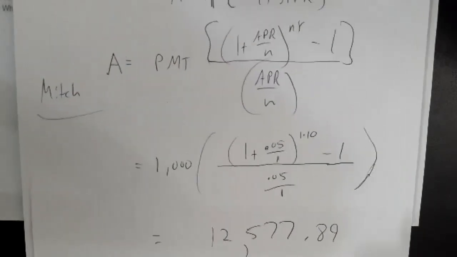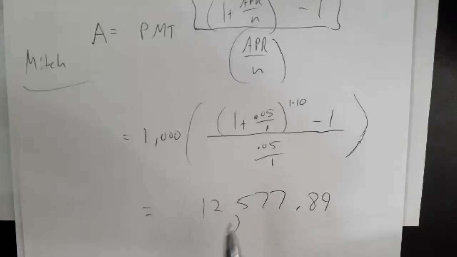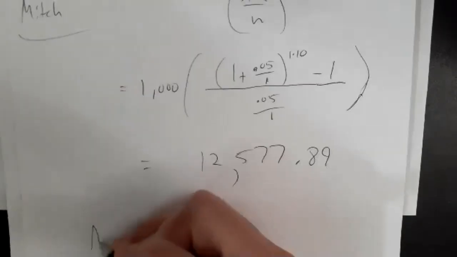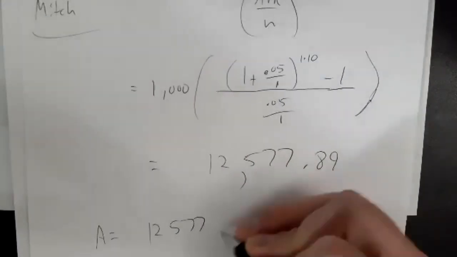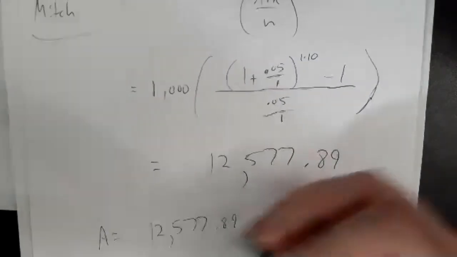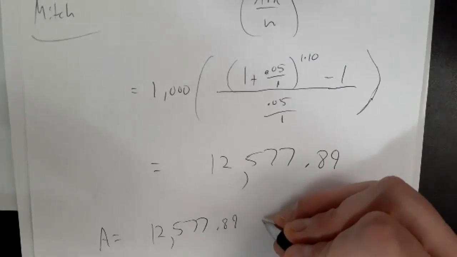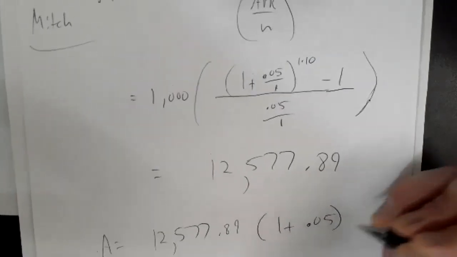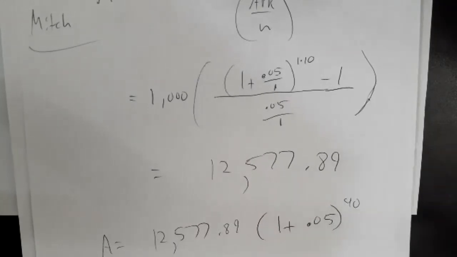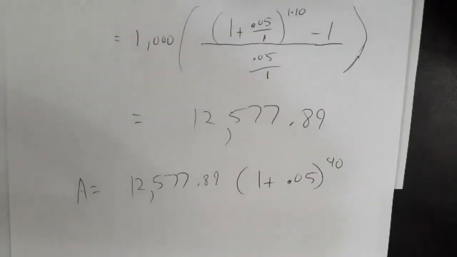So we have to use this one for the savings account where he's making regular payments. We have to use this one: this is my principal times 1 plus my APR, which is 0.05, to the 40 years. So he fell asleep on this amount for 40 years.